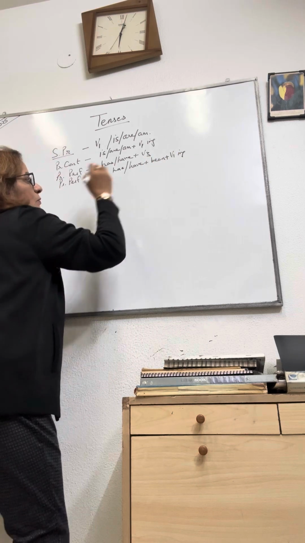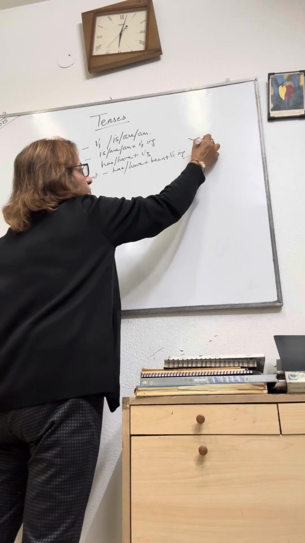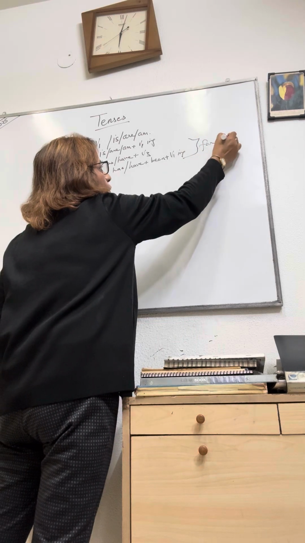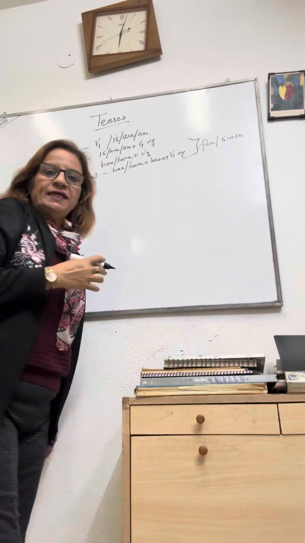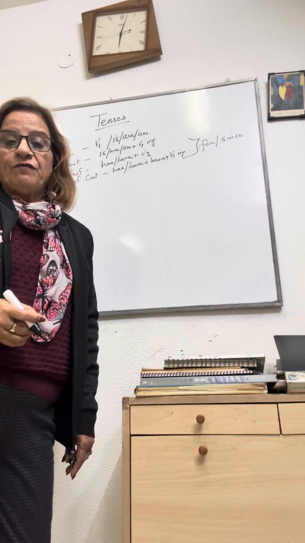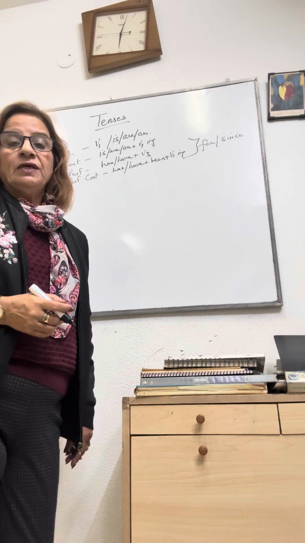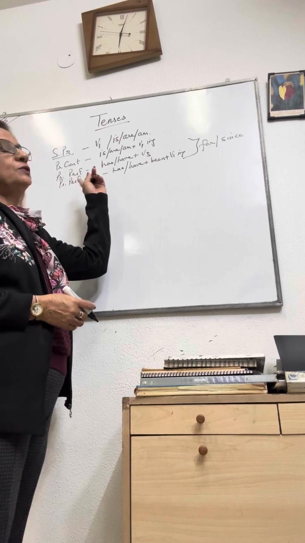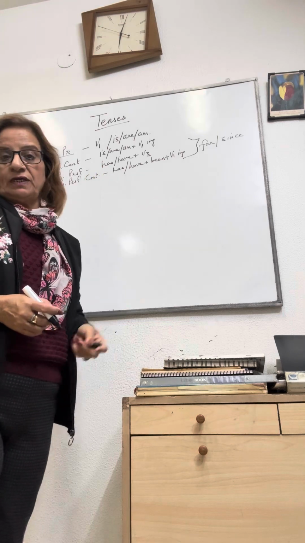For present perfect and present perfect continuous, we always use for or since. That indicates that we have to use perfect or perfect continuous. So: simple present, present continuous, present perfect and present perfect continuous.